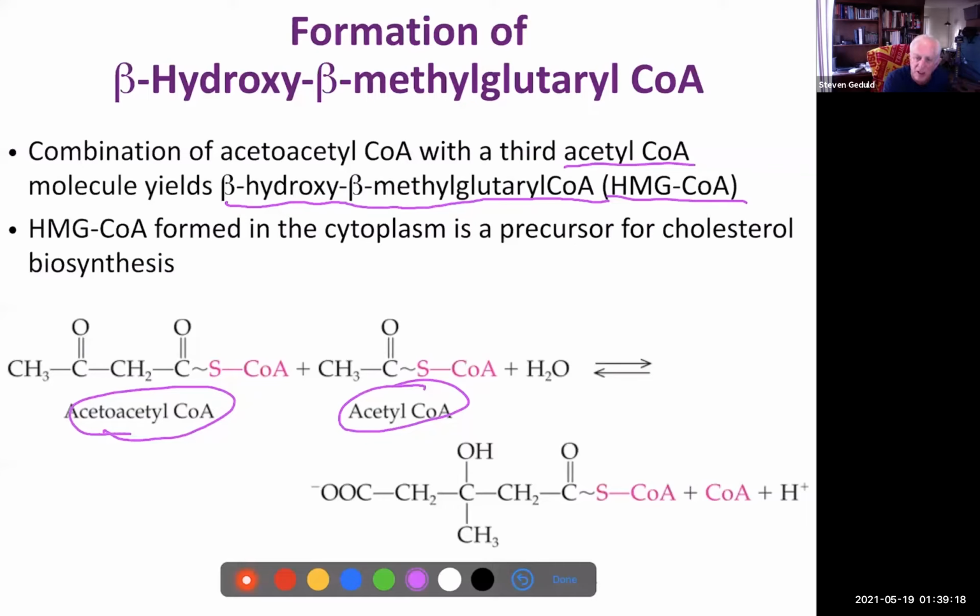This starts to make cholesterol in the body and store it as a fat. So we're adding a third acetyl coenzyme A to one that already has 4 carbons.